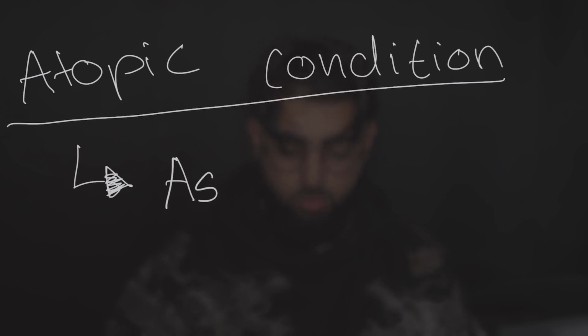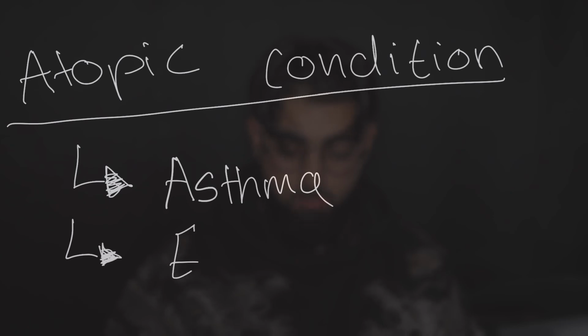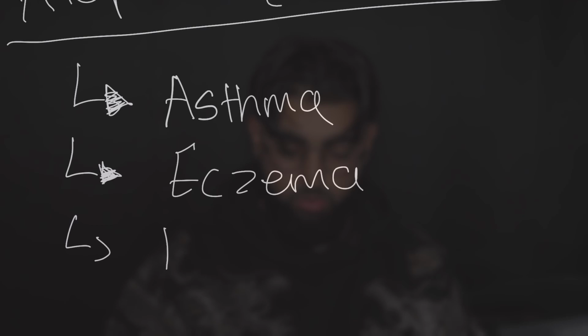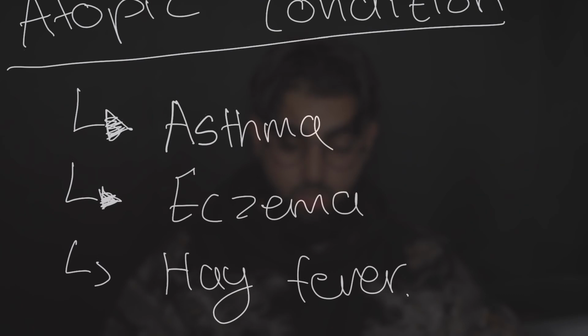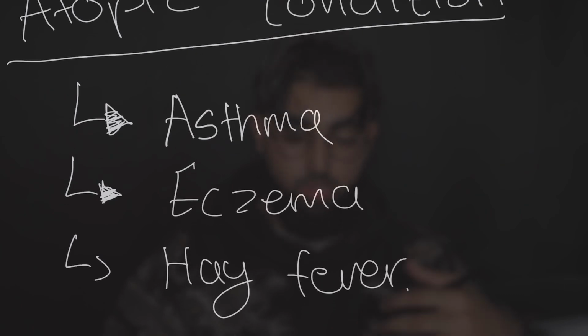So asthma would be one of the atopic conditions. You may have also seen patients who have asthma may also have eczema and also hay fever. These can often run within siblings, families, and patients may oftentimes have multiple conditions at the same time.